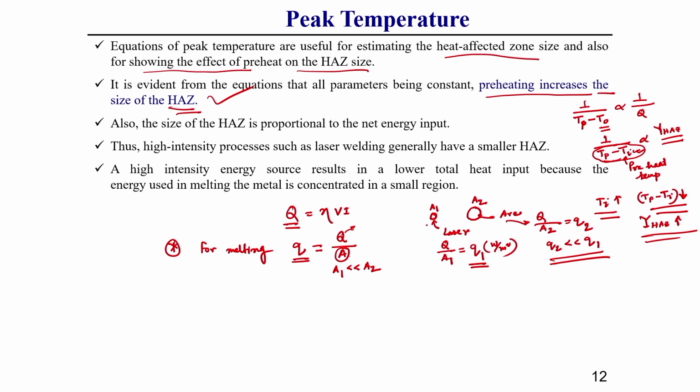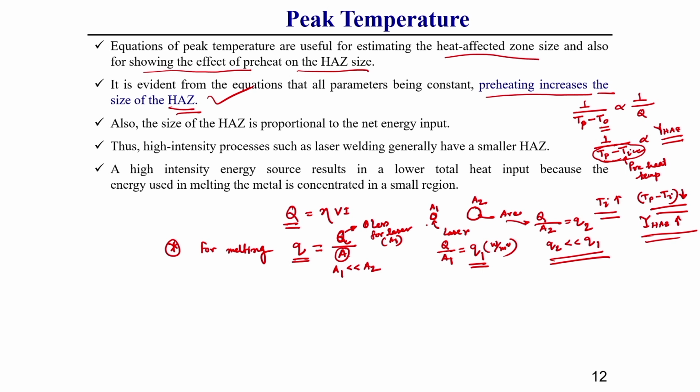That is why in the laser welding process the Q requirement will be less. Q will be less for laser welding, where the area is A1, to get the same Q value. Whereas for the arc welding process, where the area is A2, to get the Q value your capital Q value should be higher.